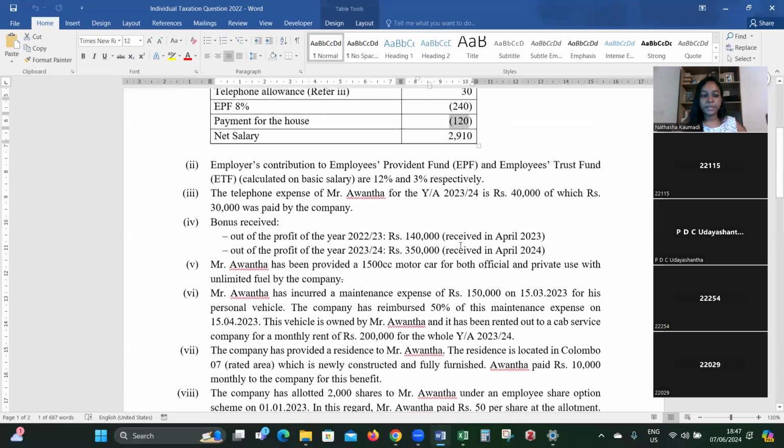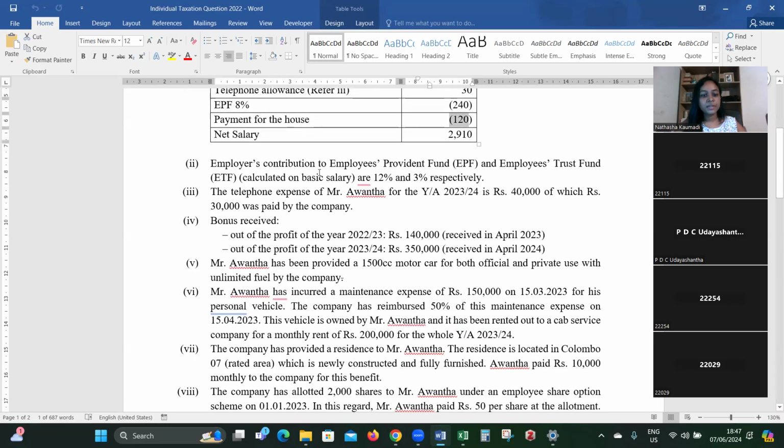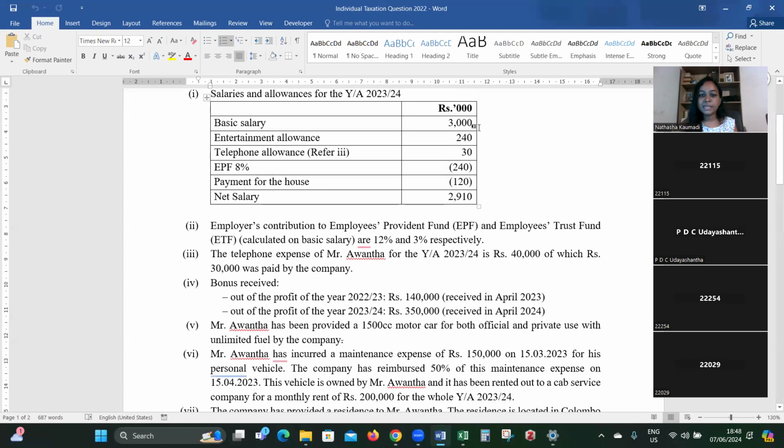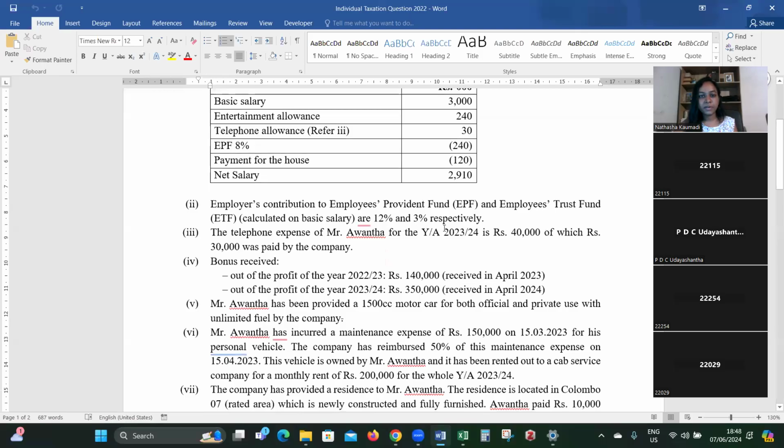The second point is the employer's contribution to the Employees' Provident Fund, that is EPF, and the Employees' Trust Fund, that is ETF, calculated on basic salary. So what is the basic salary? 3,000. The rates are 12% and 3% respectively.